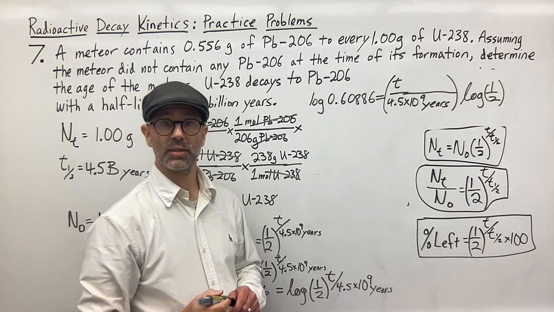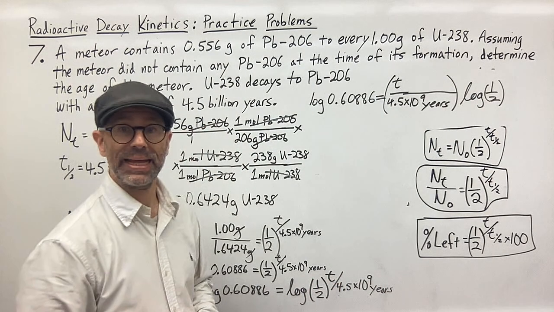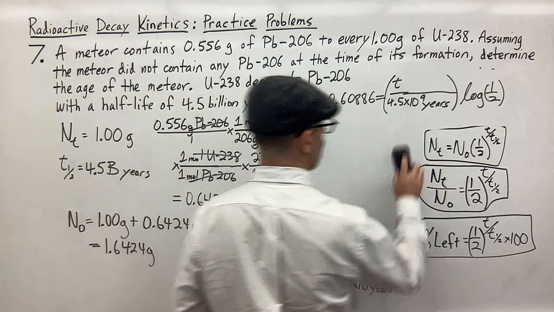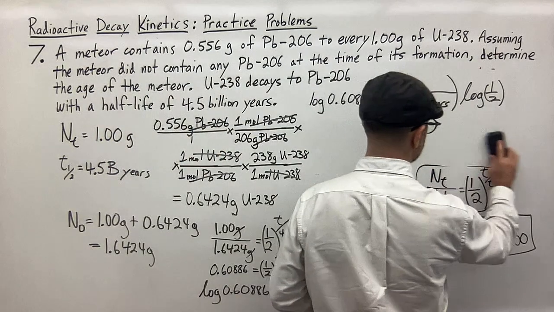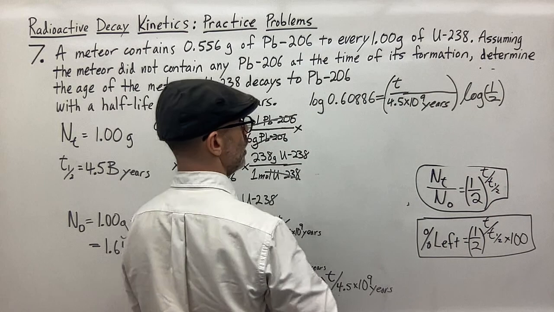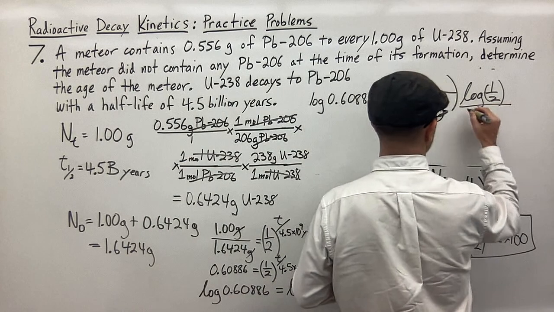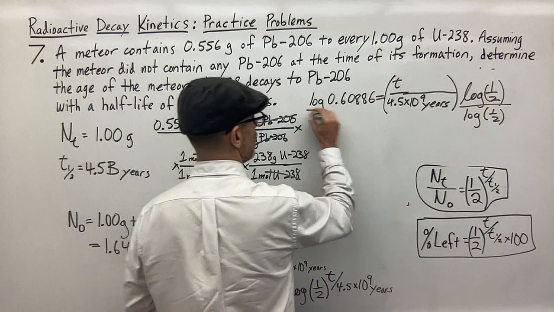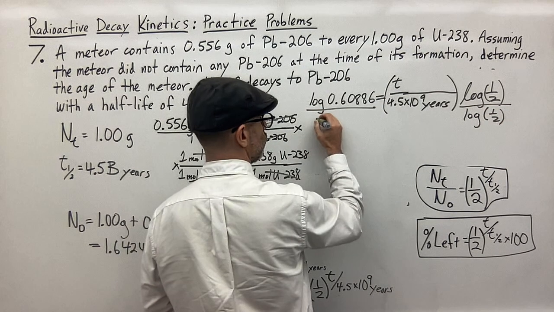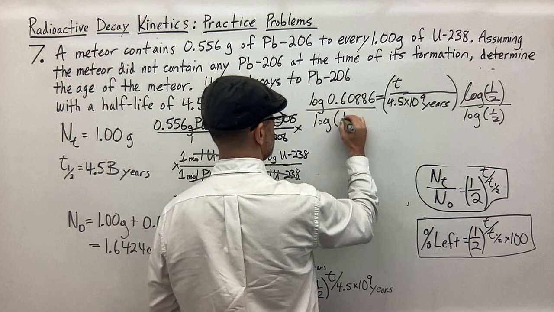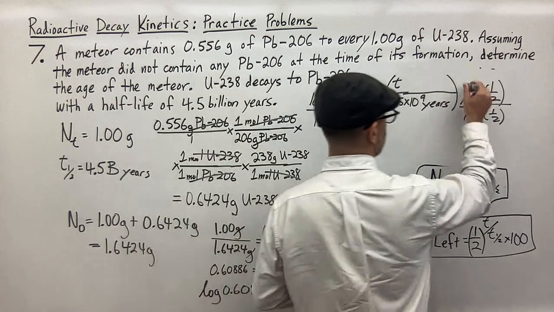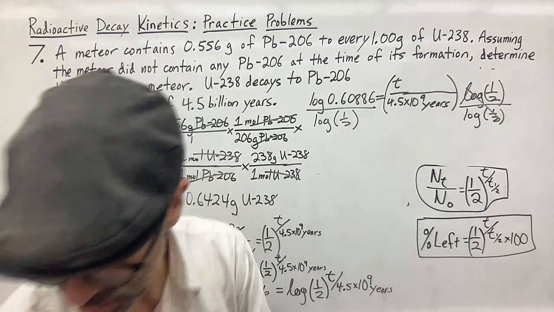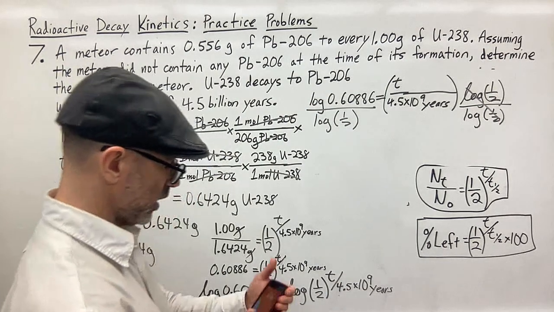And now what I can do is divide both sides by the log of 1/2. So this cancels out.